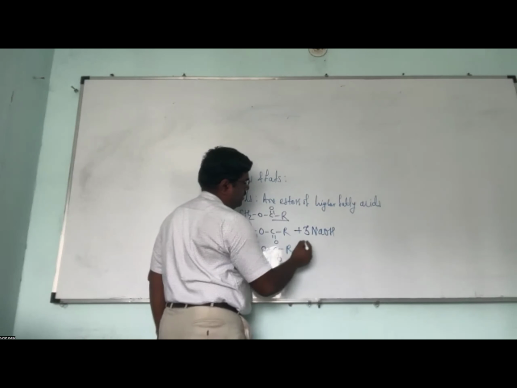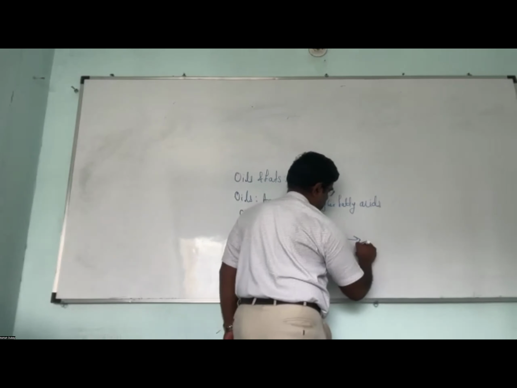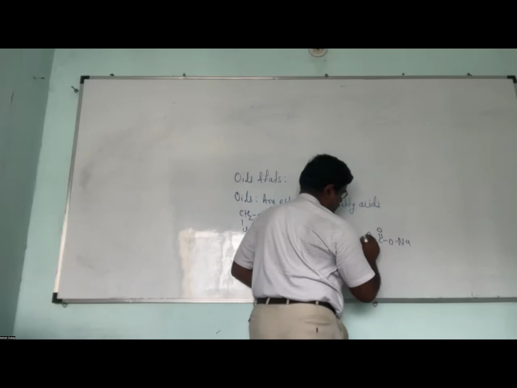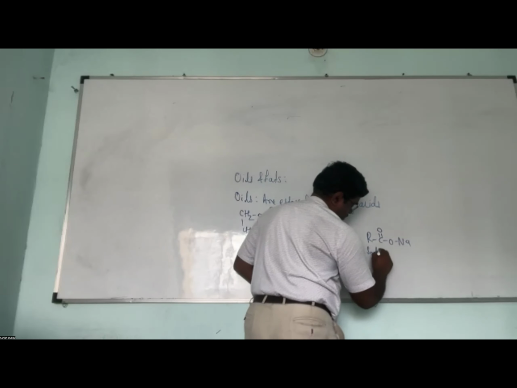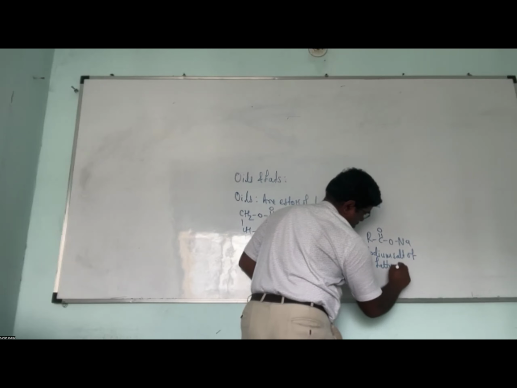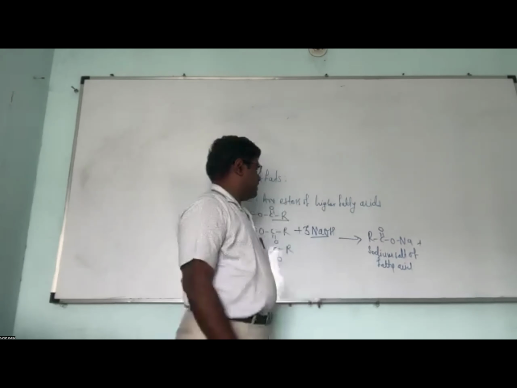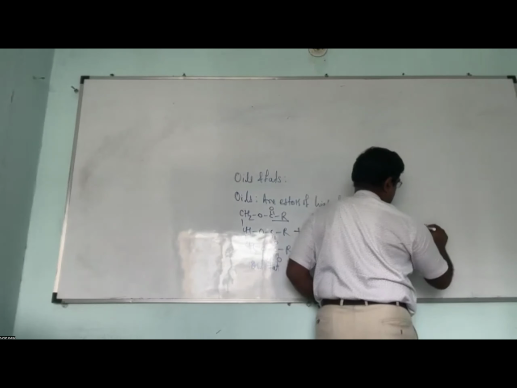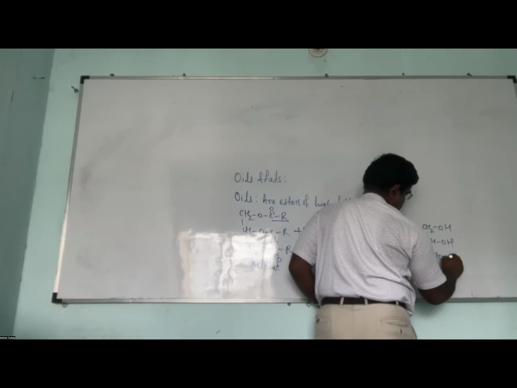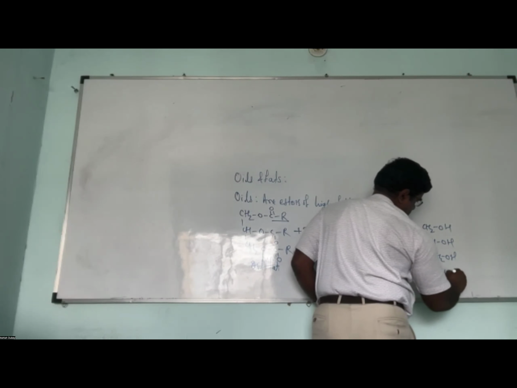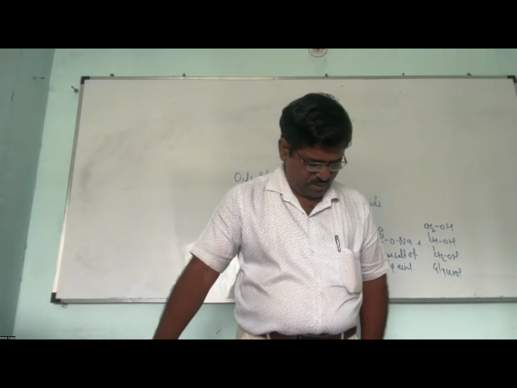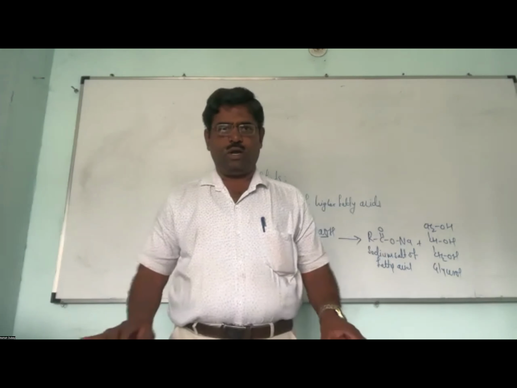The RCO part combines with NaO, and we get RC double bond ONa, that is the sodium salt of fatty acid, plus glycerol, that is CH2OH, CHOH, CH2OH. Glycerol is also called glycerin.